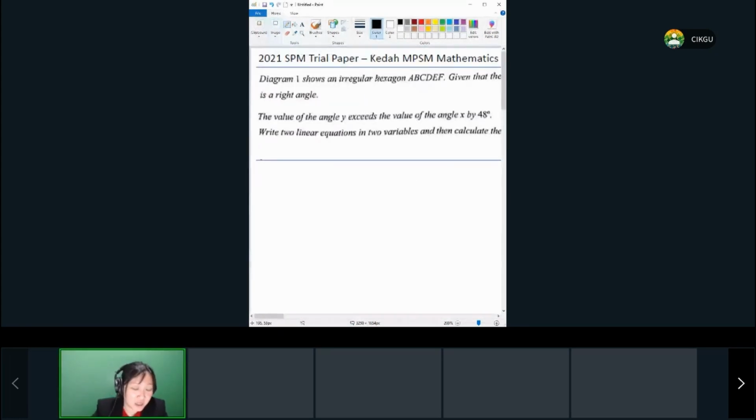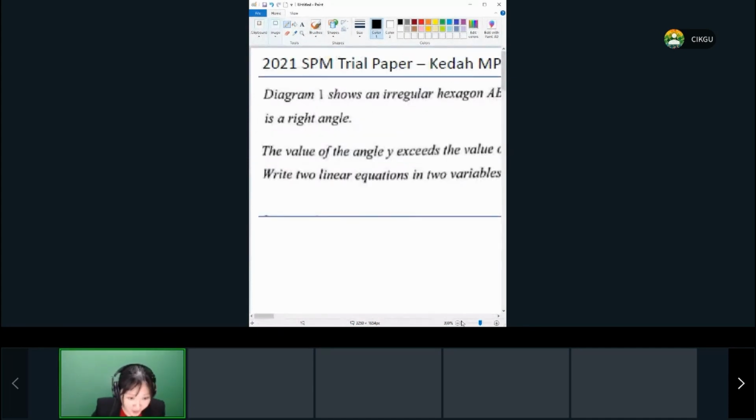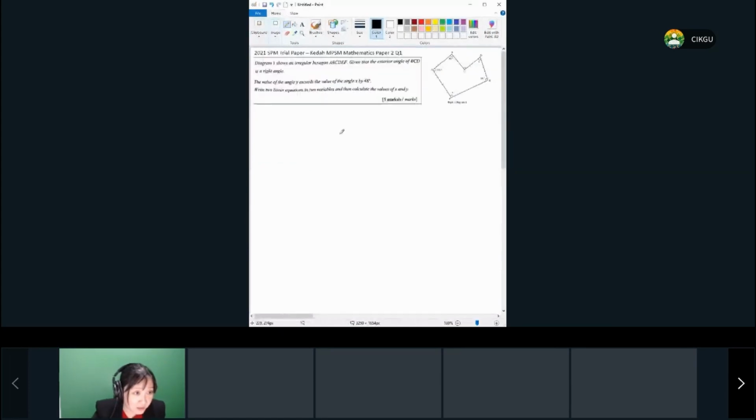Irregular hexagon is what? Hexagon is also hexagon. Let me write here: hexagon tidak serata. I prepared my notes beforehand. Tidak serata. For those who are interested to know. Irregular hexagon, tidak serata.